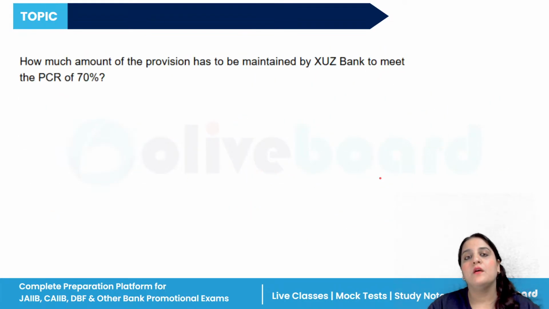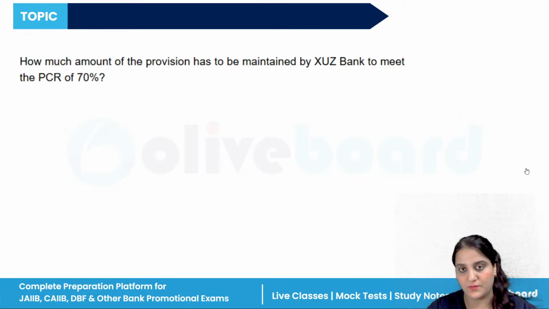Right? How much amount of the provision has to be maintained by XYZ Bank to meet the PCR of 70%? There is a formula for the PCR basically.